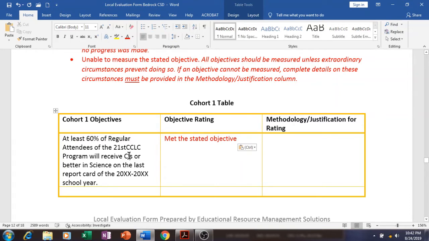That would be C's, B's, or A's. And then we figured a percentage to see if it was 60%. We did a calculation. The justification for the rating, since you met the stated objective, it would be very simple. Since 72% of the regular attendees received C's and 60% was our benchmark, we met the stated objective.